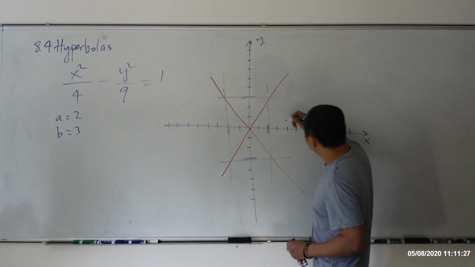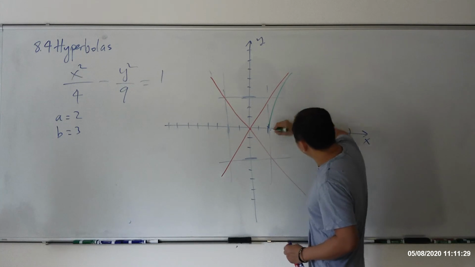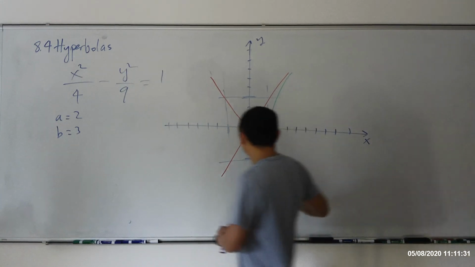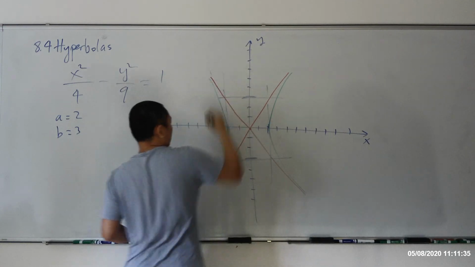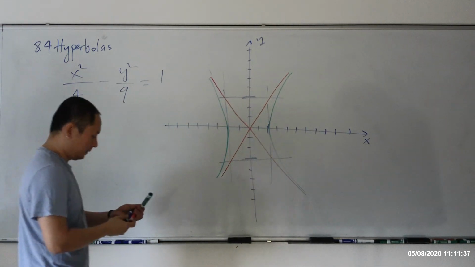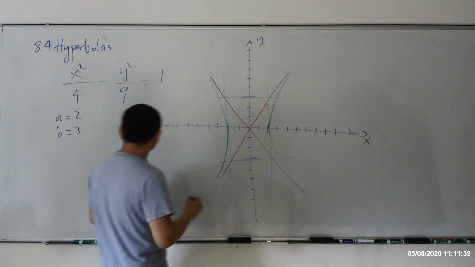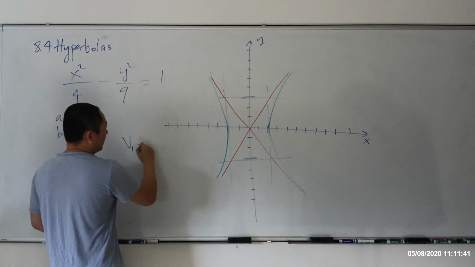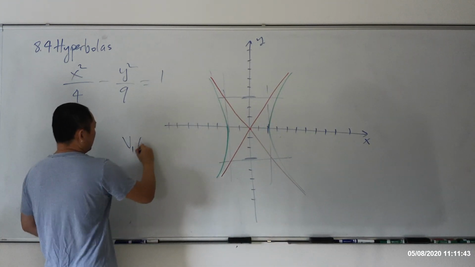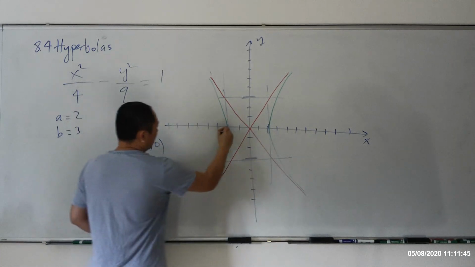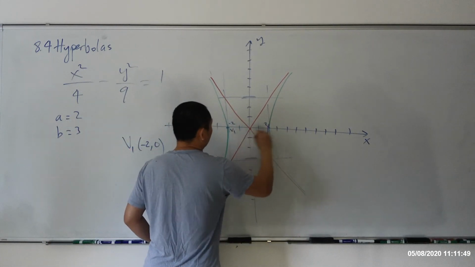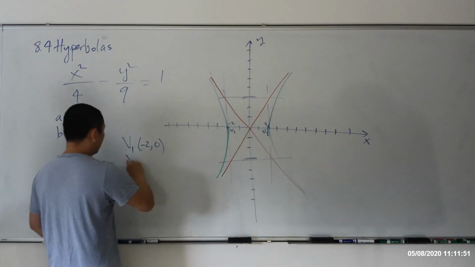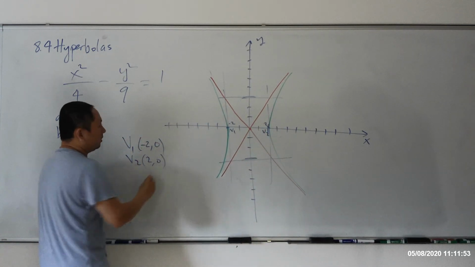Our hyperbola is going to look like this. So V1 is at (negative 2, 0) right here. V2 is at (2, 0).